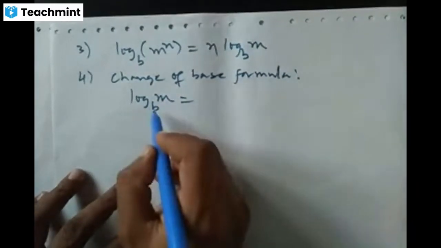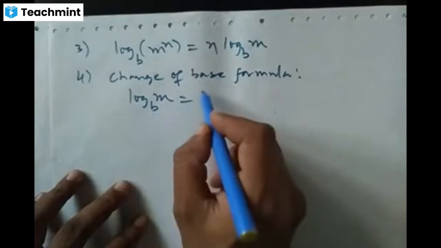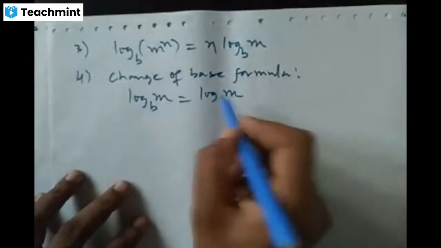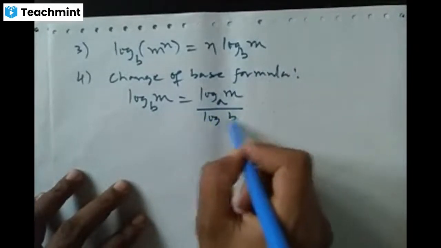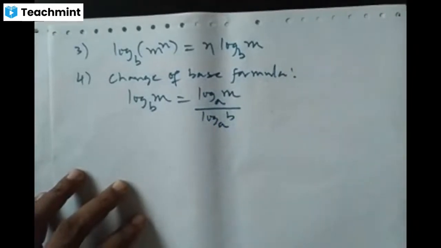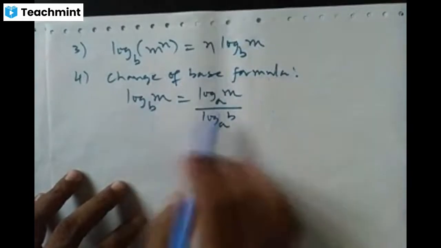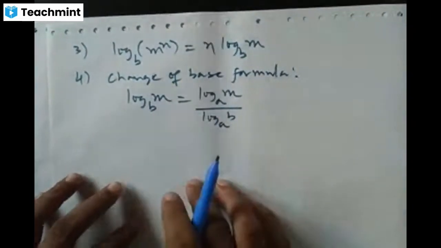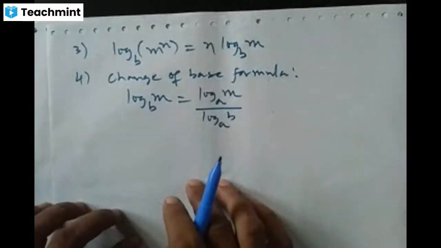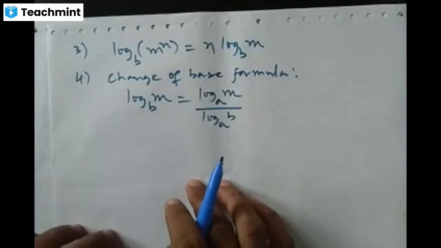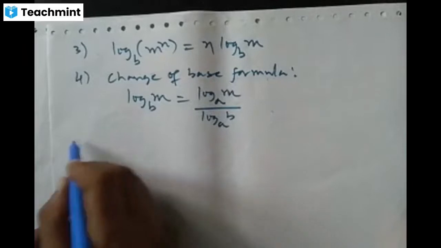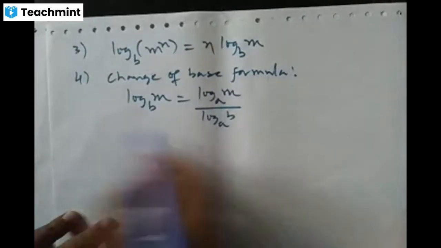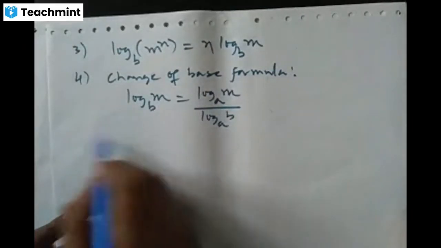If I change the base to some base A, then this becomes log M to the base A divided by log B to the base A. This property is known as the change of base formula. Further, you can make a note of this.